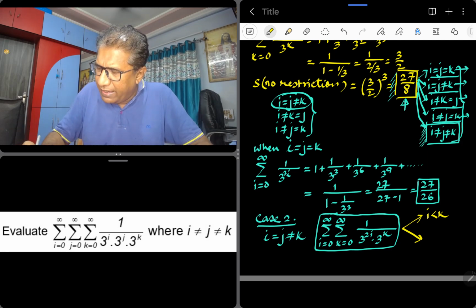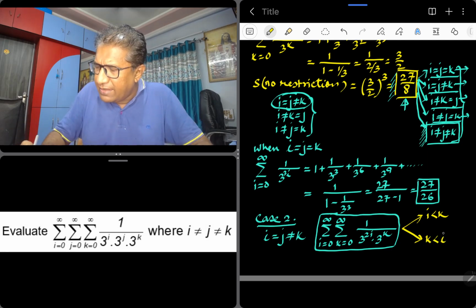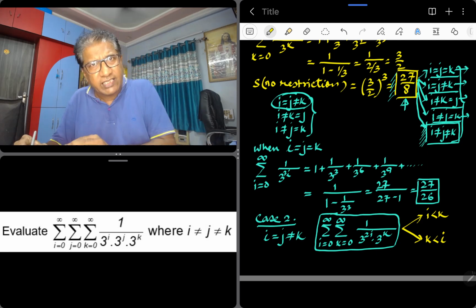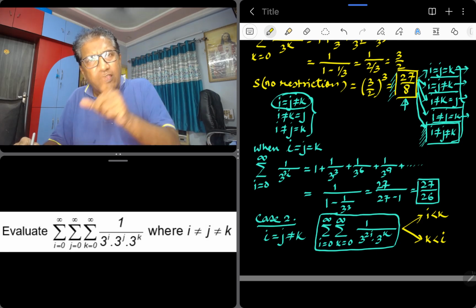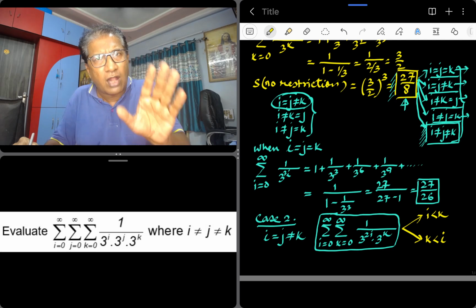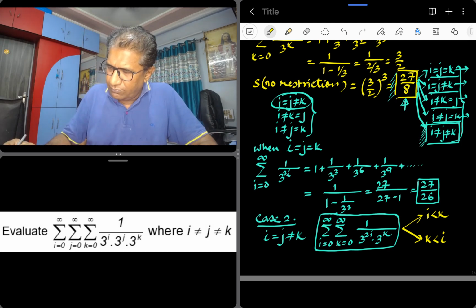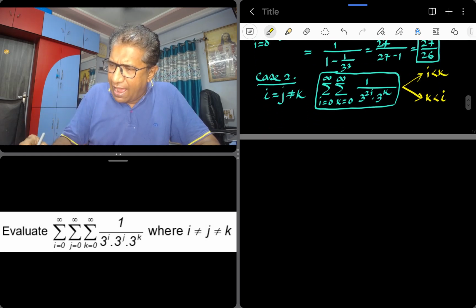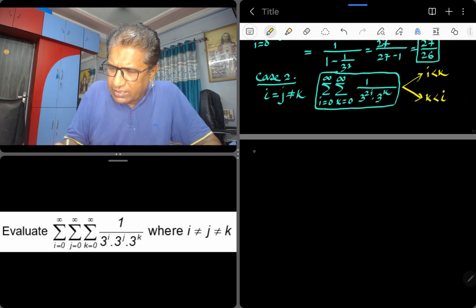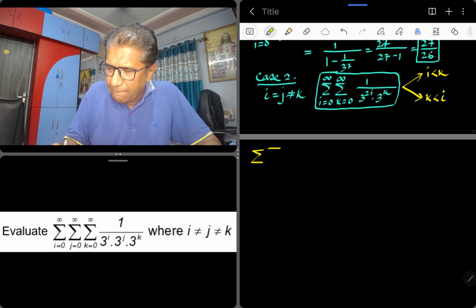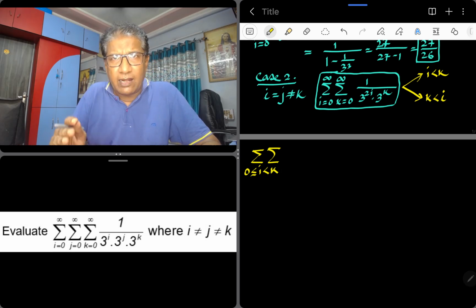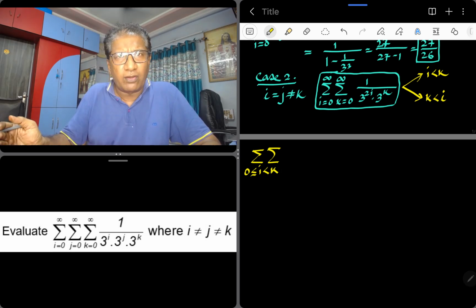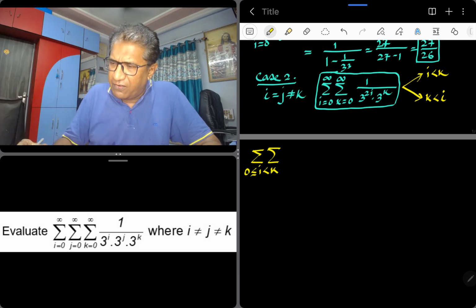And another one will be k is less than I. Both these cases, your I and k are not equal. Okay, so let me just try to find out first thing that I is less than k. So your sigma becomes, I'm not writing the right boundary for k because it is tending towards infinity.